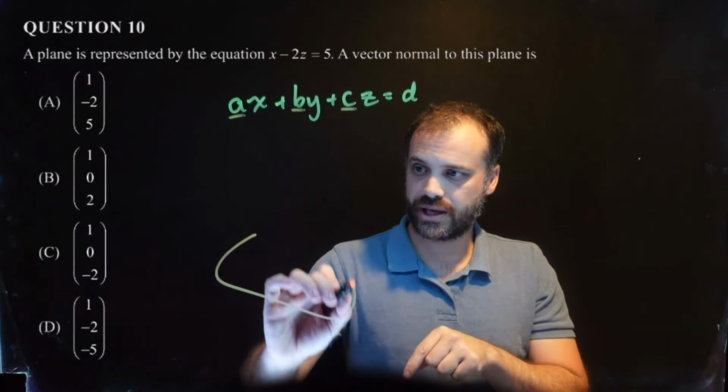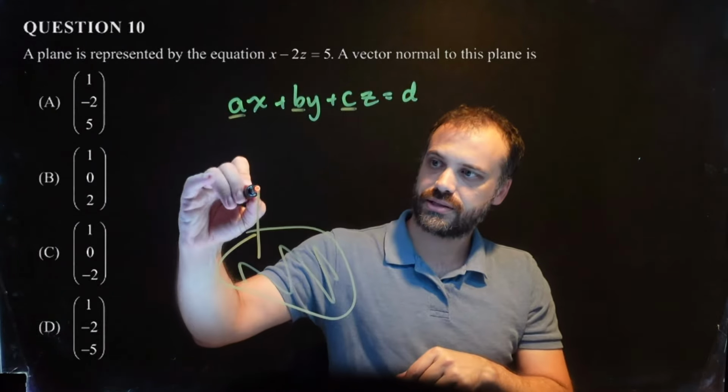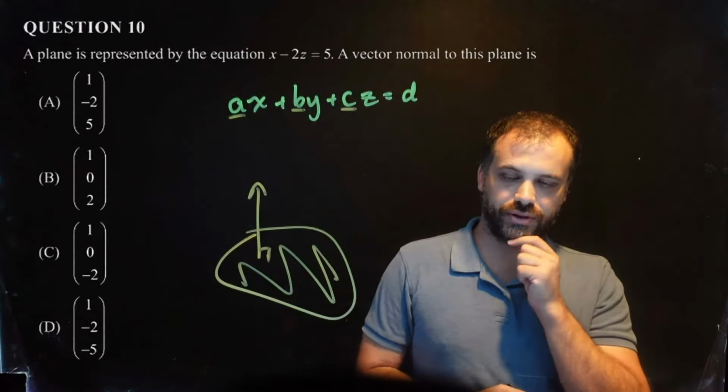So if I have the plane, there's my plane. These represent a vector that makes a right angle with the plane.